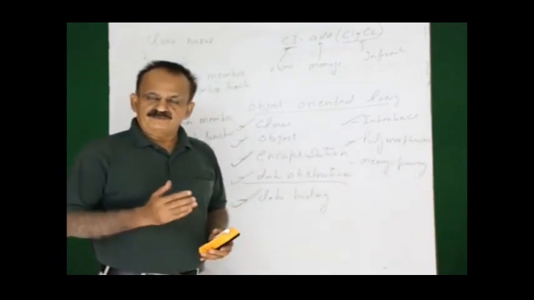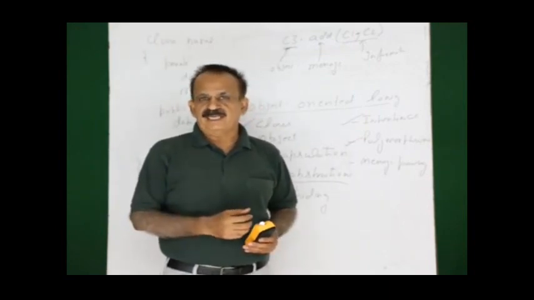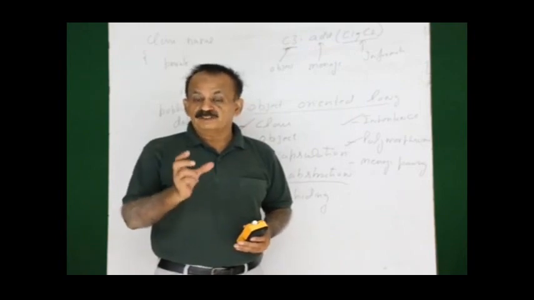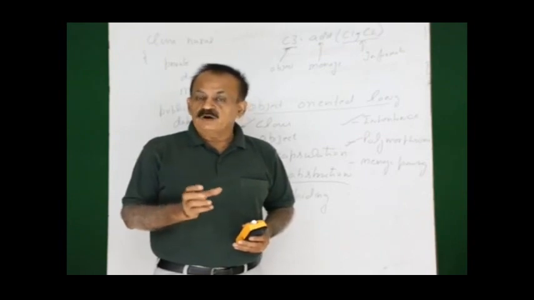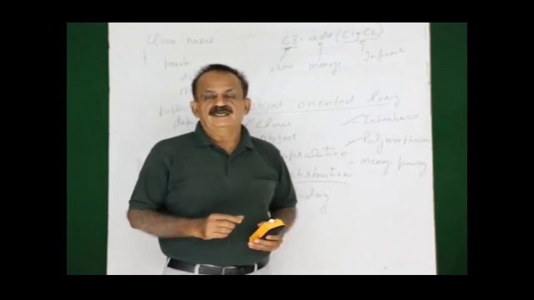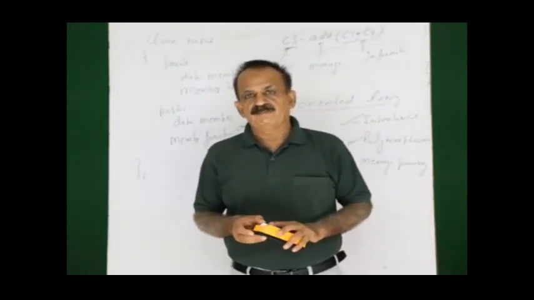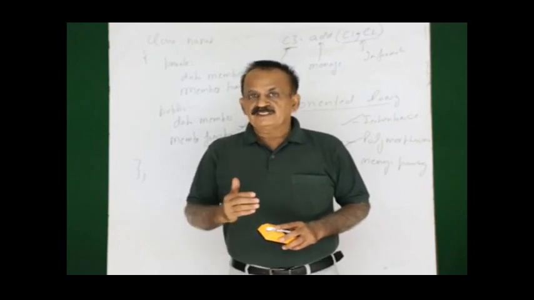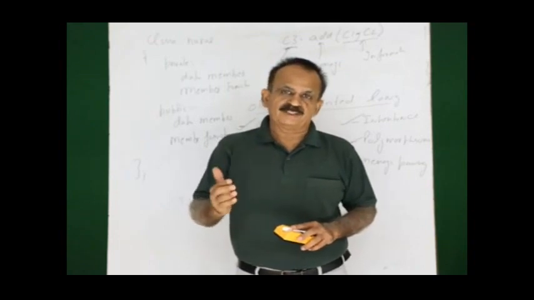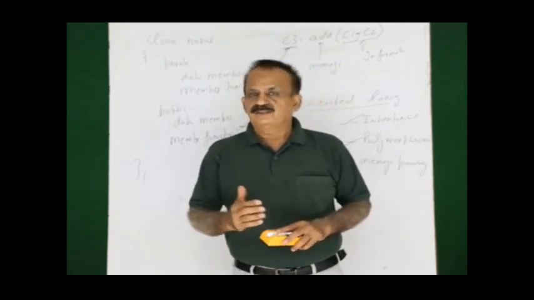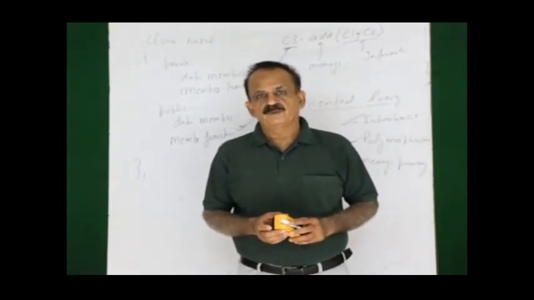So we shifted from C to C++, from function-oriented to object-oriented programming language, because of the importance of data, the importance of on which particular data the function is applied. This is the need of object-oriented programming language, in which in addition to the operations, the data is also very important on which those operations are performed. This topic was all about the features of object-oriented programming language.